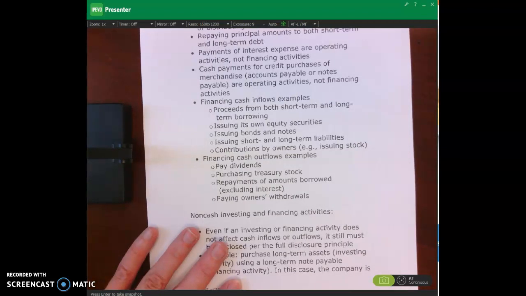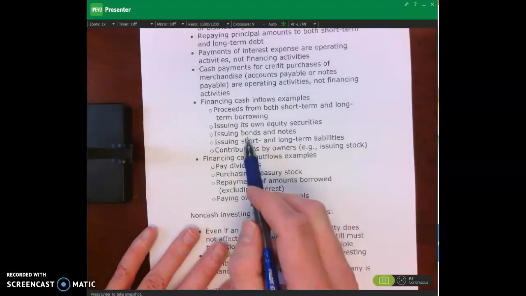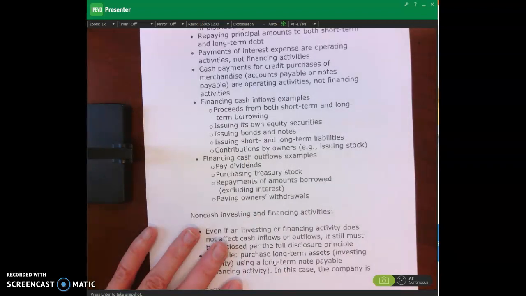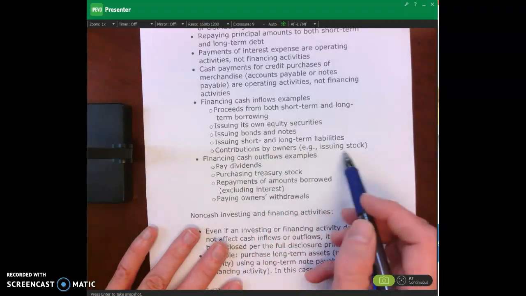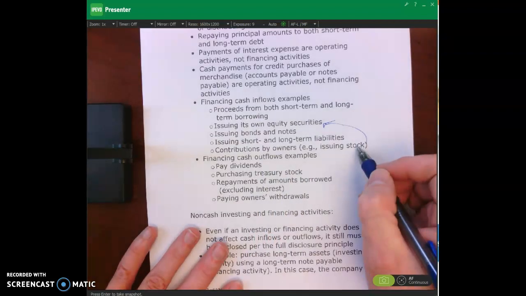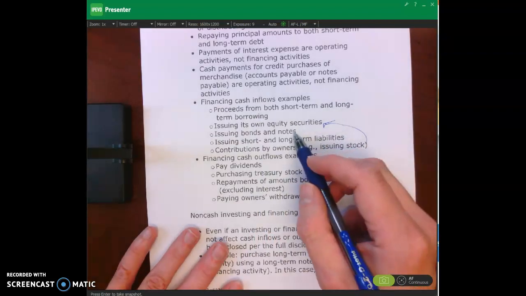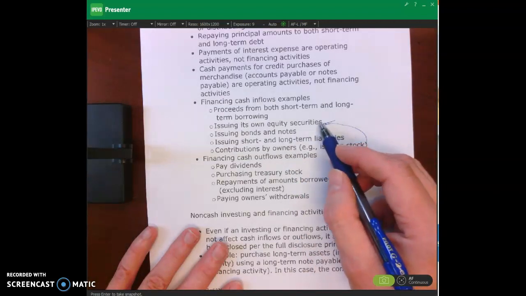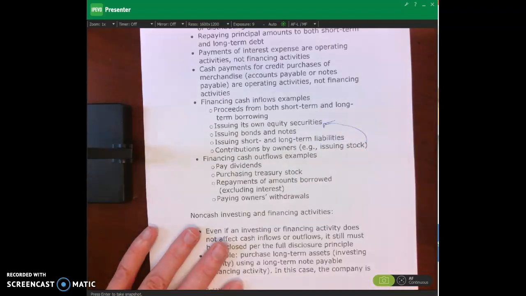Issuing its own equity securities, so issuing stock, issuing bonds and notes, so issuing bonds and notes payable, okay, issuing short-term and long-term liabilities, notes payable, and then also contributions by owners, and that's what I was saying up here, issuing stock. So this affects equity. These are long-term liabilities, equity, and then long-term liabilities.